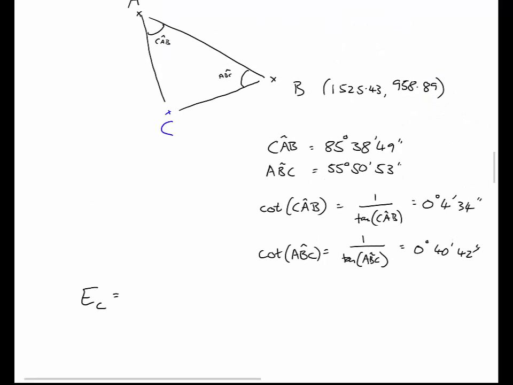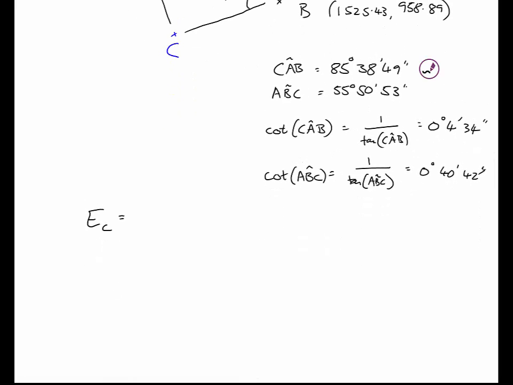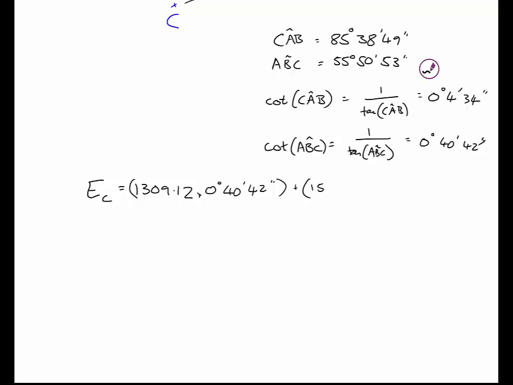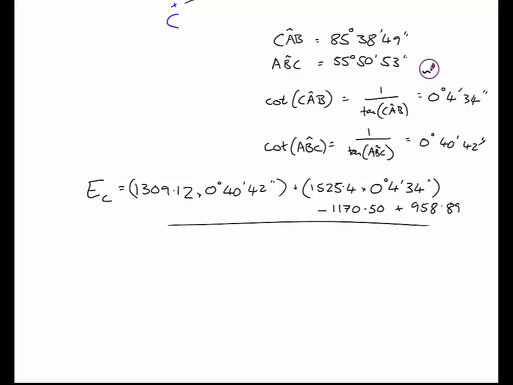So the easting of point C, the eastern coordinate of point C here, is equal to the easting of A, which is 1309.12, multiplied by cot ABC, add that to the easting of B, which is 1525.43, multiplied by cot of angle CAB, subtract the northing of A, 1170.5, add the northing of B, 958.89. All of that is over cot A plus cot B.